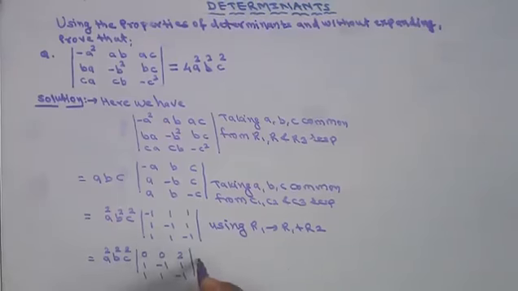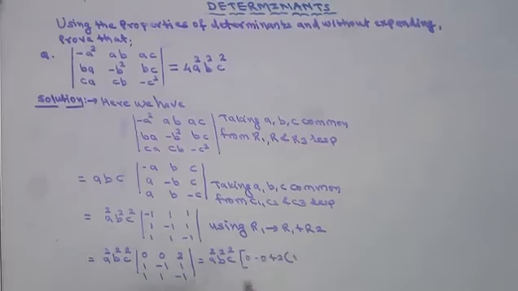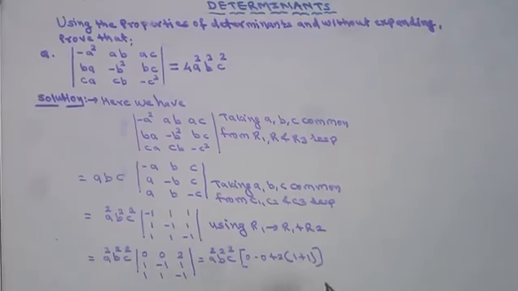Now expand, with a square, b square, c square in brackets. 0 into this will be 0, then minus 0 into this will also be 0, then plus 2 into this 1 and this plus 1, this minus 1, but minus of minus 1 is plus 1.